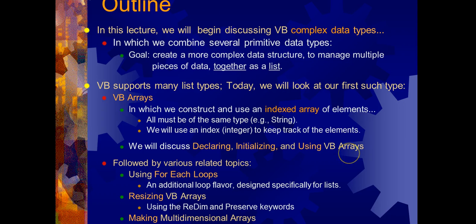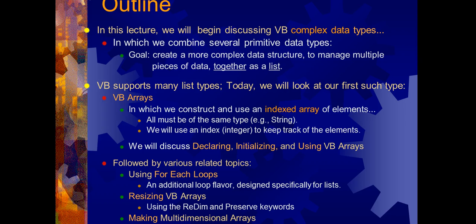So in this lecture we'll begin discussing VB complex data types, in which we combine several primitive data types. Primitive just means integer or string or double or decimal, all the data types that we've studied, but those are just the basic ones. He calls them the primitive ones.